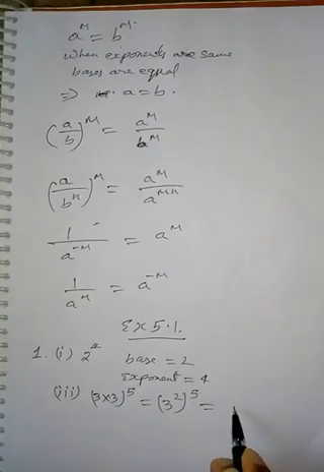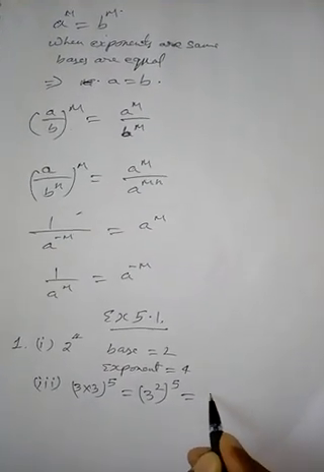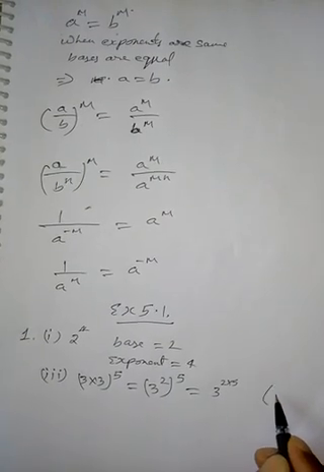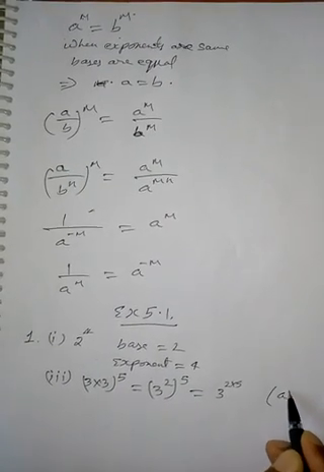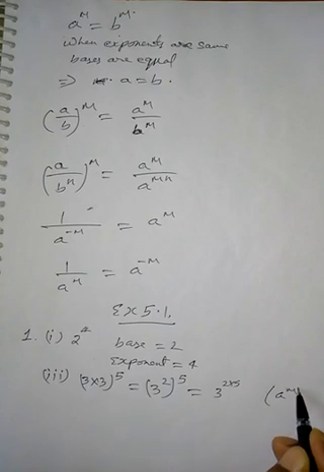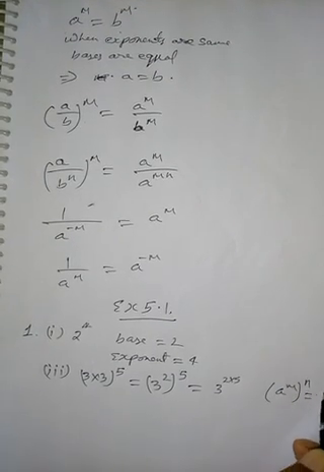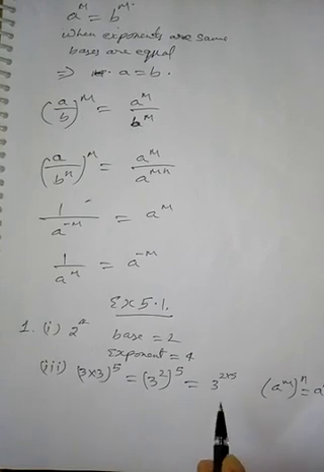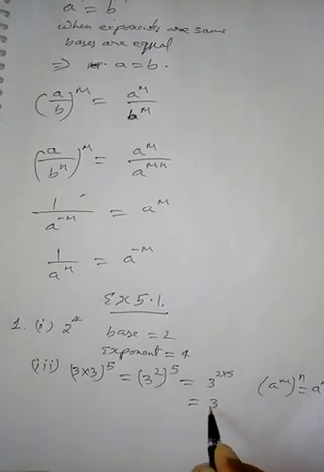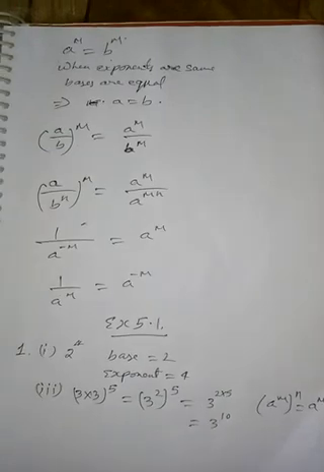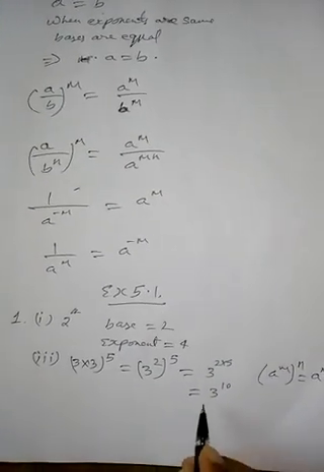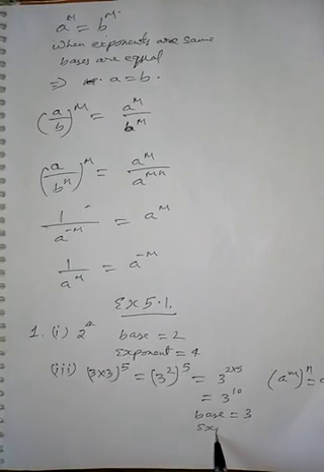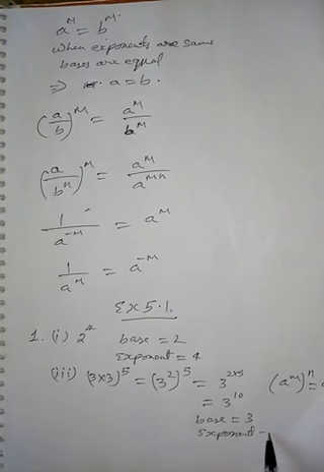And this will be 3 raised to the power 2 into 5, because just now I told you a rule in which a raised to the power m whole raised to the power n becomes a raised to the power m into n. So the power raised to the power is multiplied and it gives you 3 raised to the power 10. So in this, the base is 3, the exponent is 10.